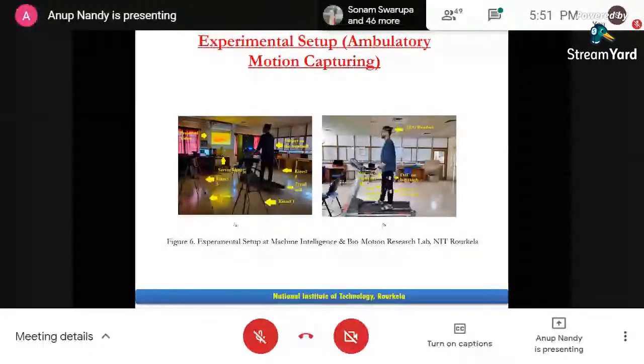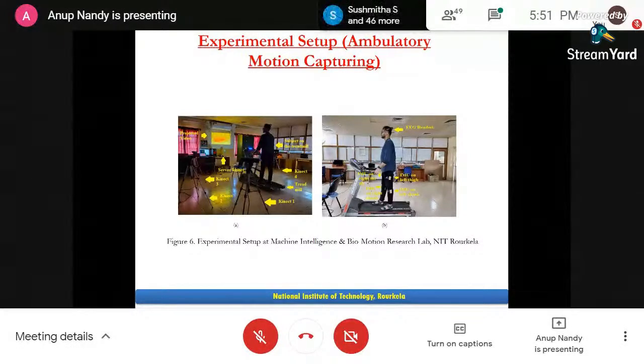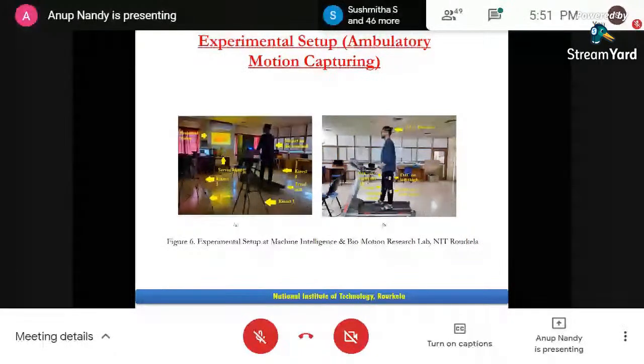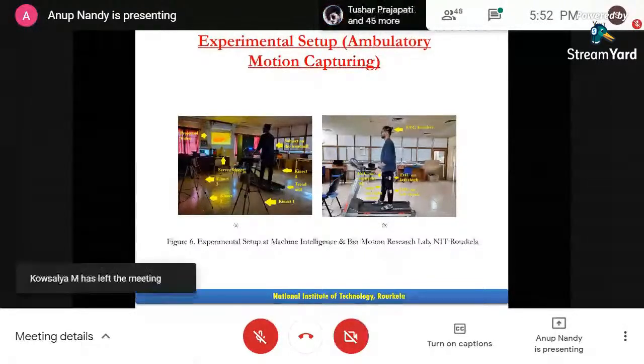This is wonderful research going on in my lab, the Machine Intelligence and Biomotion Lab, which I have developed in the computer science department. If you search MIMB NIT.in, you can get all the details.